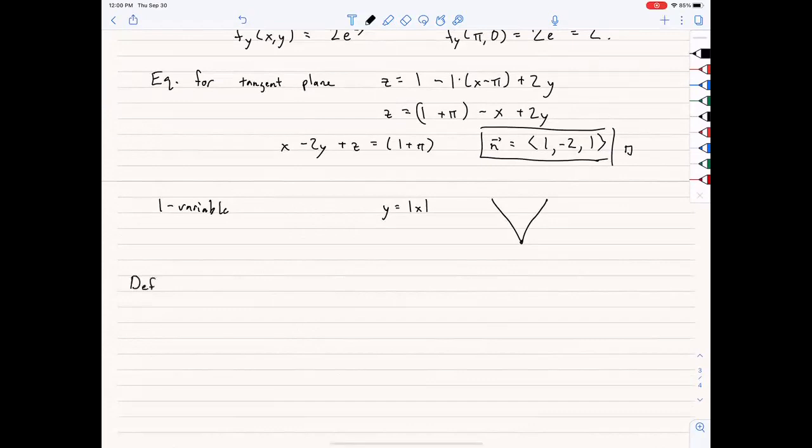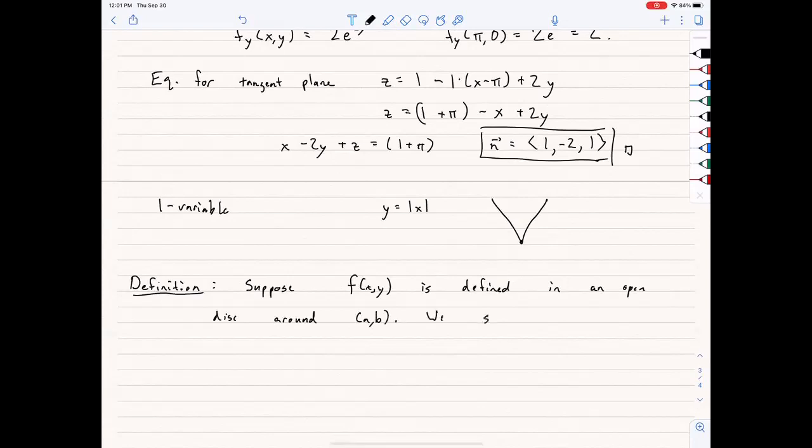It's a little hefty, but not quite as bad as the limit definition. All right, so let's suppose our function f is defined in an open disk around a point. So there's some point, and we have f defined in an open neighborhood of the point, an open disk. You can do this in many variables as well, around (a, b).